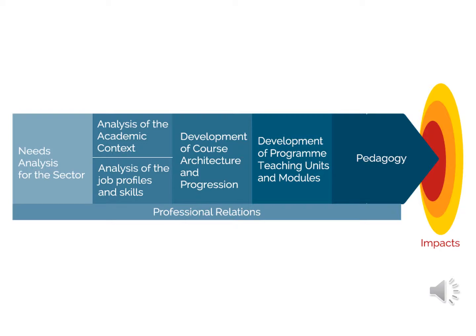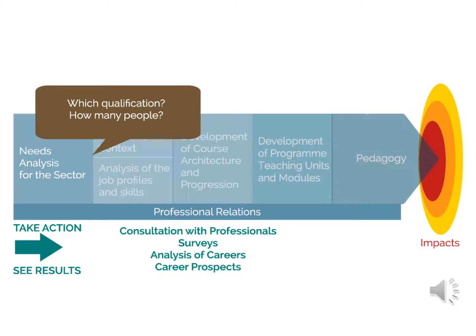In this teaching unit, we will deal with each step in the procedure in separate sequences. The first step involves carrying out an analysis of the sector to discover the need for training and to define the number of people concerned, their future job profiles and the qualification required: a technician's diploma, a senior technician's diploma, BSc or MSc degree.